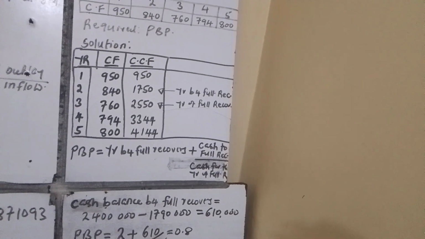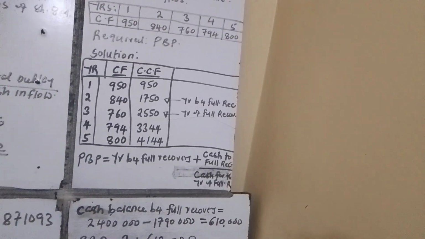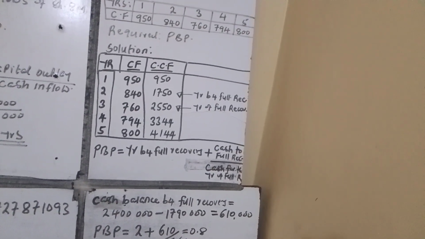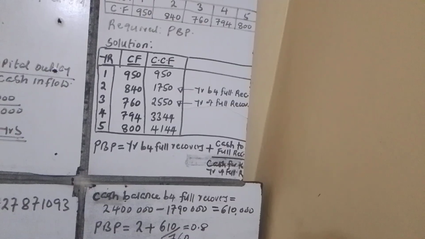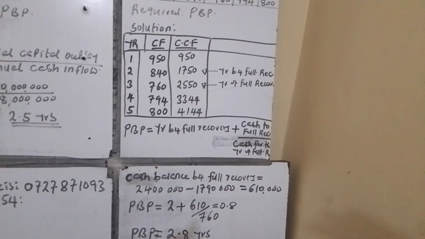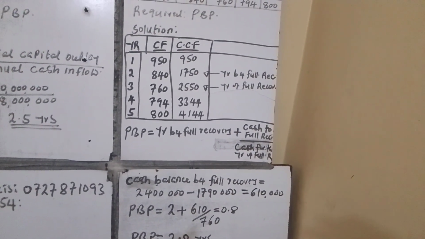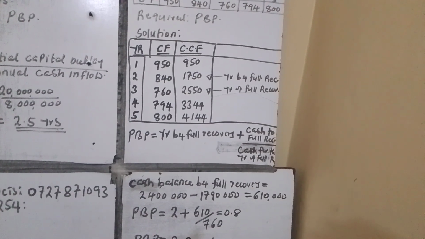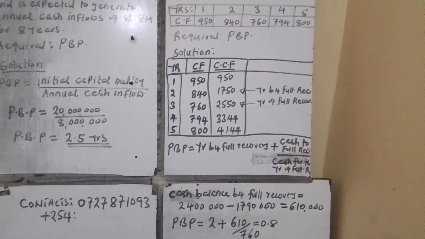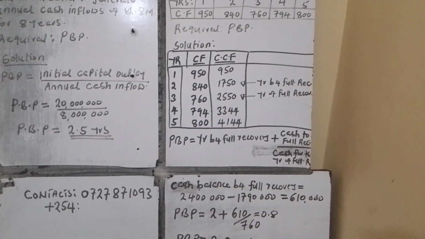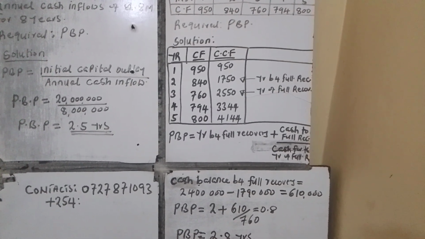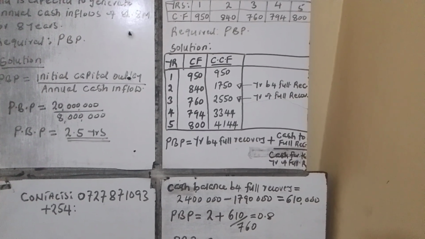the cash to full recovery. In other words, when we are in year 2, we have 1750. Then how much is remaining to get 2.4?